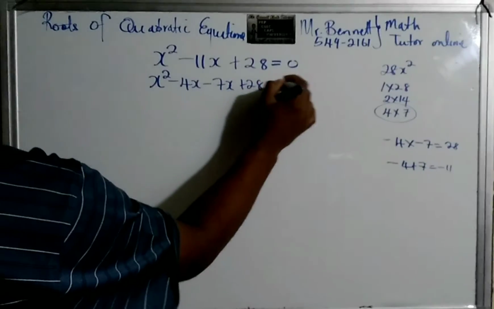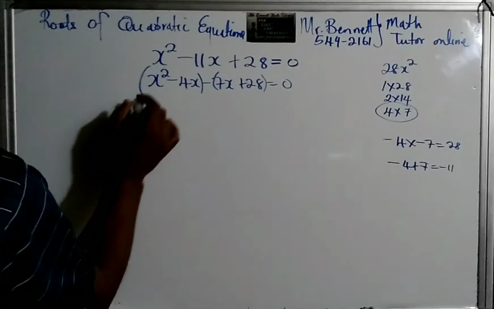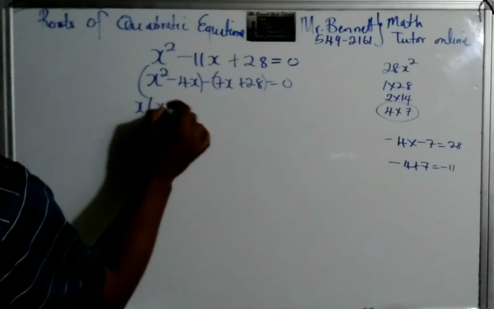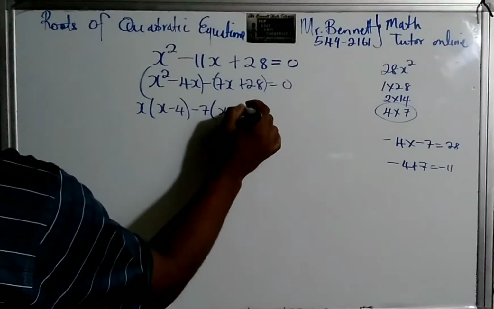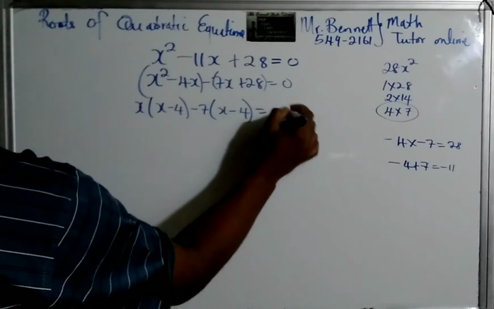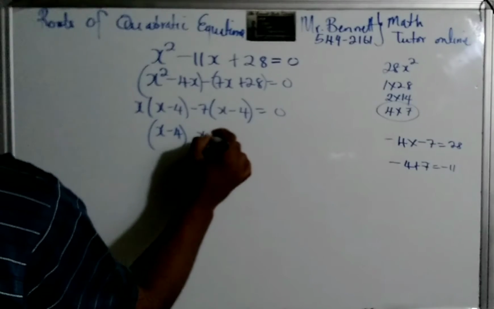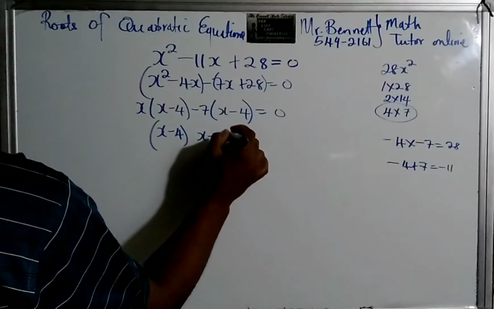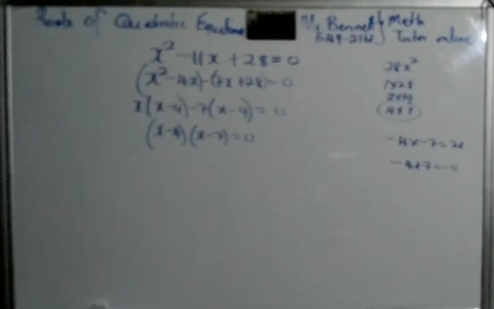So after we factorize that, x will be common, so the two factors are x minus 4 and x minus 7.